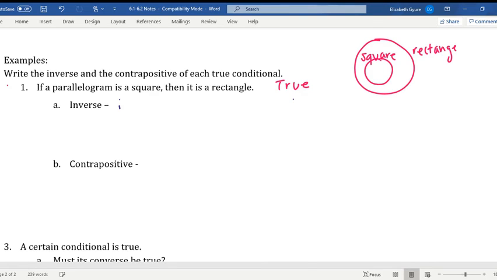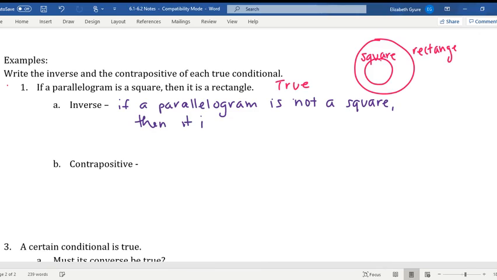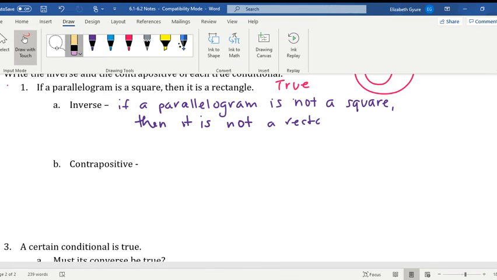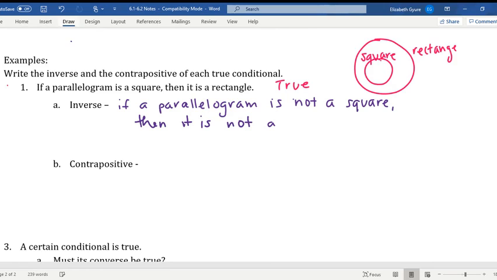So if a parallelogram is not a square, then it is not a rectangle. So if a parallelogram is not a square, then it is not a rectangle.